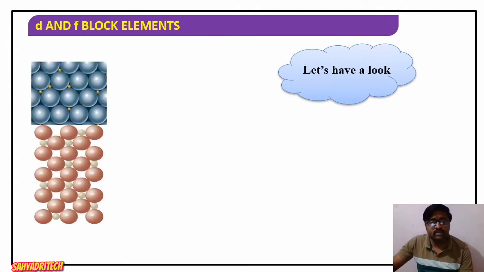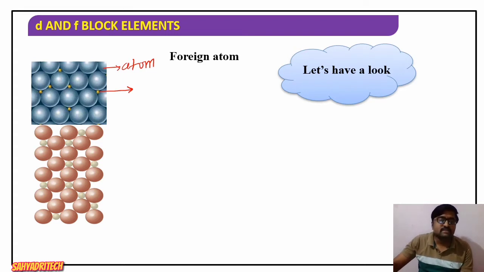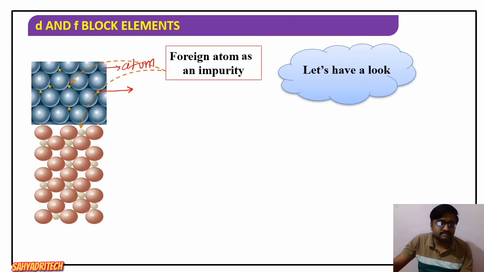Now, when you look at the diagram, say these are the atoms of a constituent element, and there are some smaller particles trapped in between the atoms. Whatever empty space is present, in that empty space smaller particles are trapped.